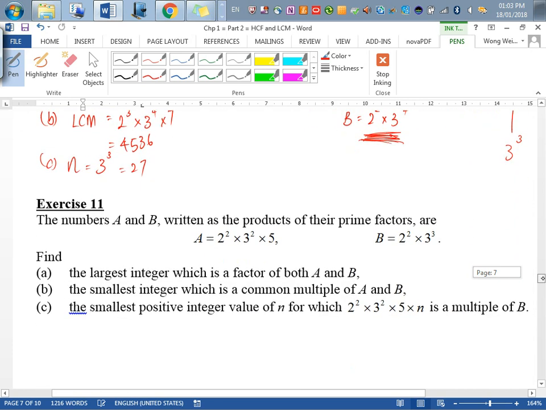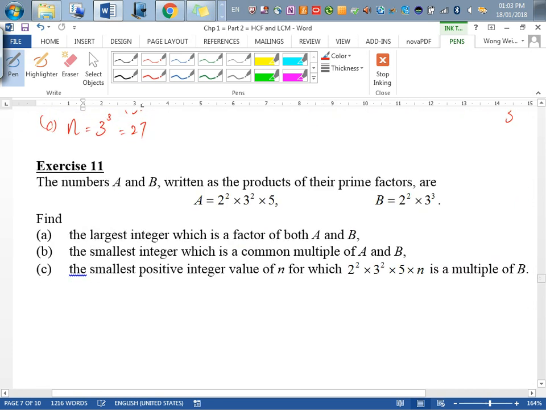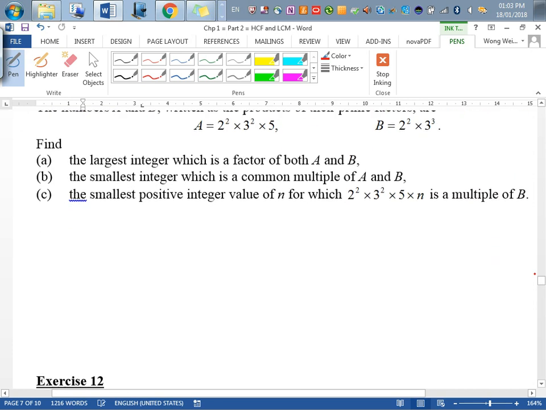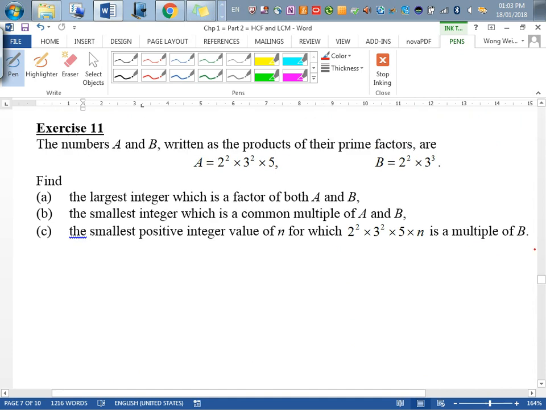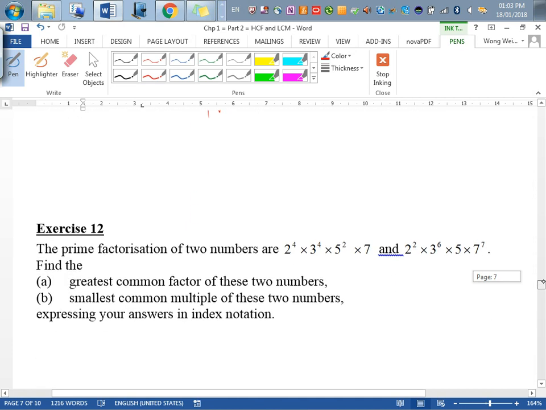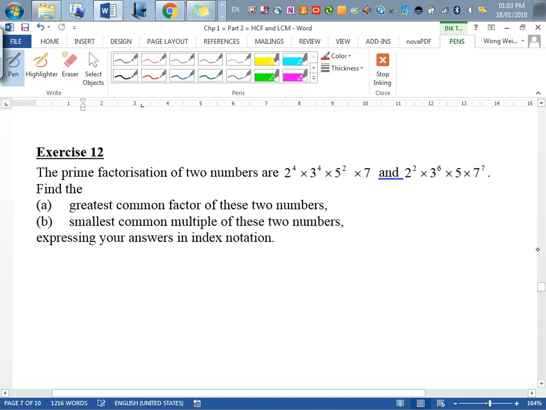Okay, next one. Number 11. Similar type of question. So this will be, yes, you got it right, homework. I've done an example in exercise 10 already. It's the same type of question. Exercise 12, still the same.